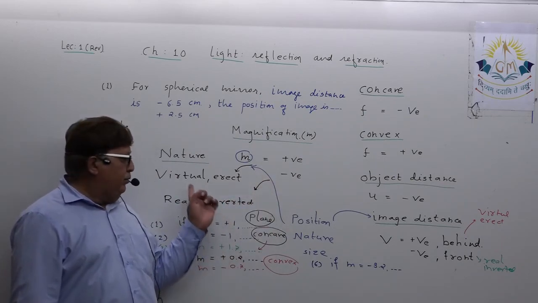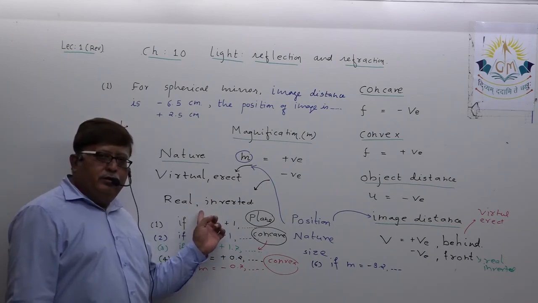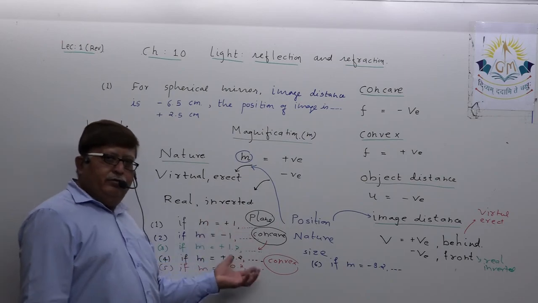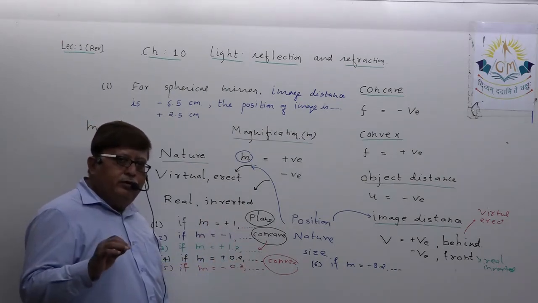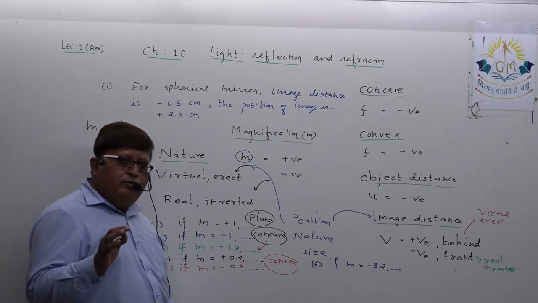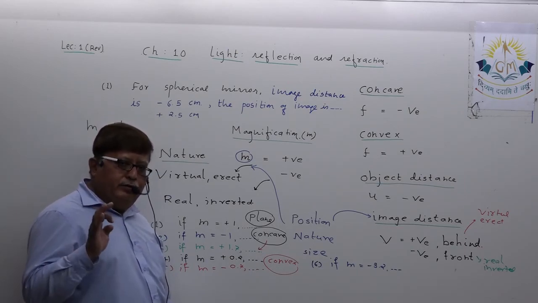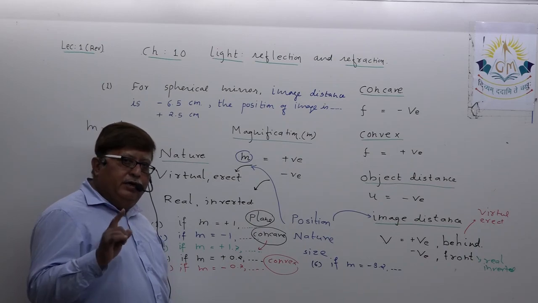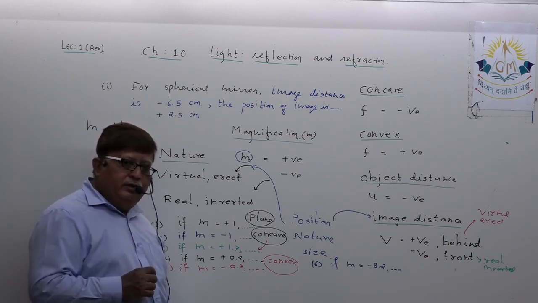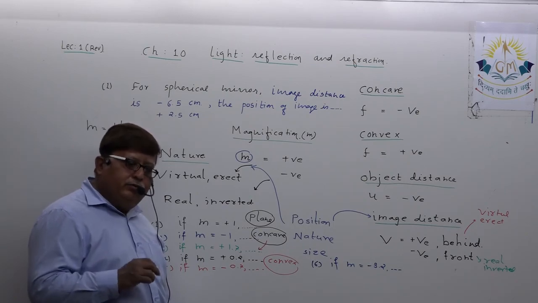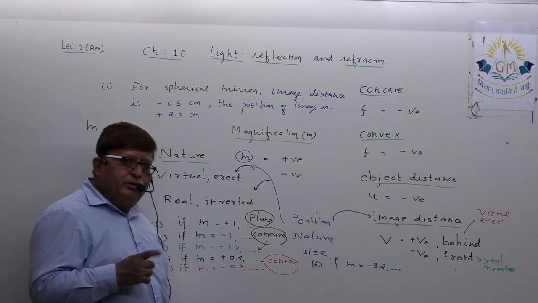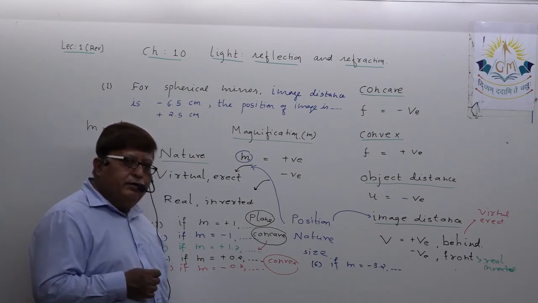Magnification negative, image real and inverted. And then, dear student, just from the given value of magnification, you can guess the nature and size of the image, as well as the type of the mirror utilized for that.